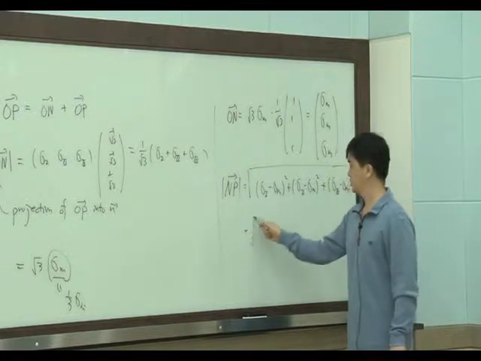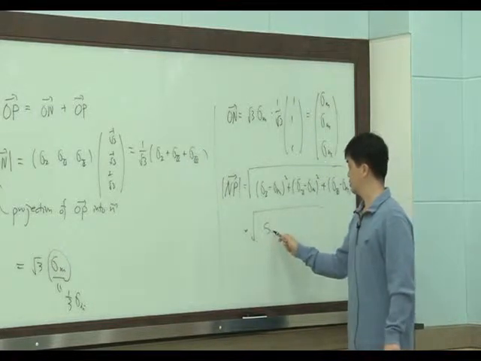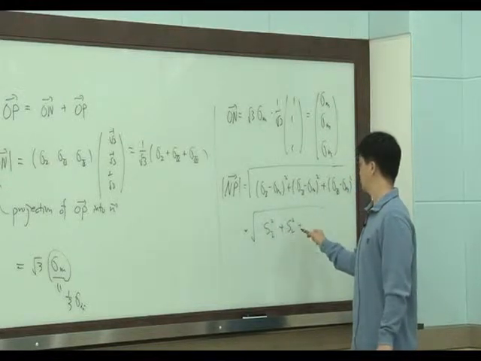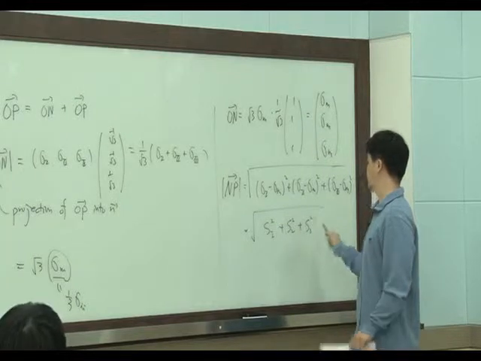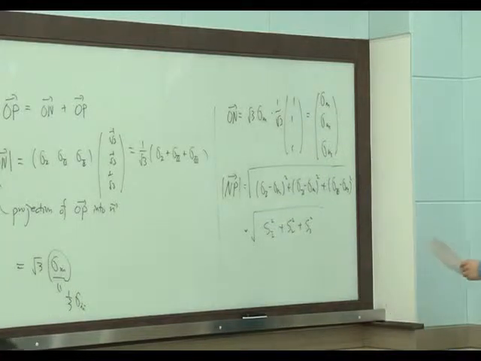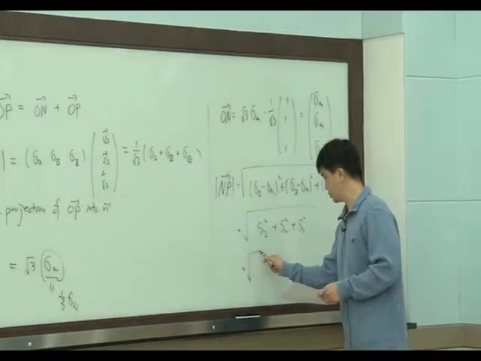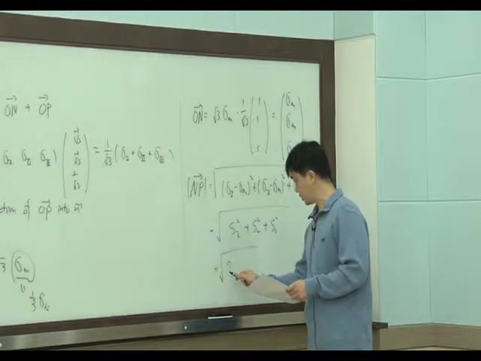This means S1 squared plus S2 squared plus S3 squared, and this is the same as 2J2.